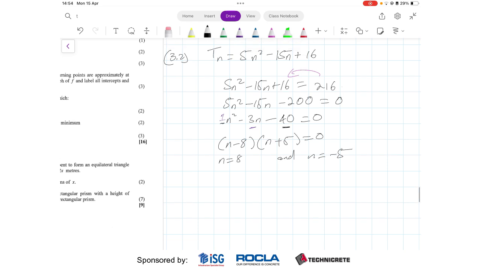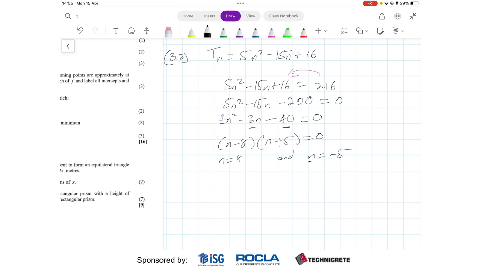But now here's the funny thing, right? We are looking for a term in the series, and it doesn't make sense for the nth term in the series to be a negative number, right?